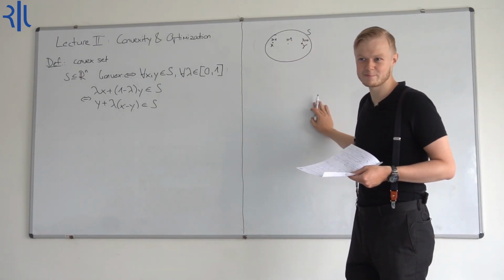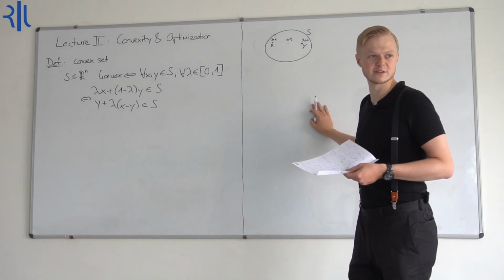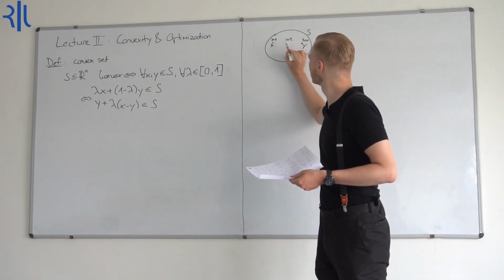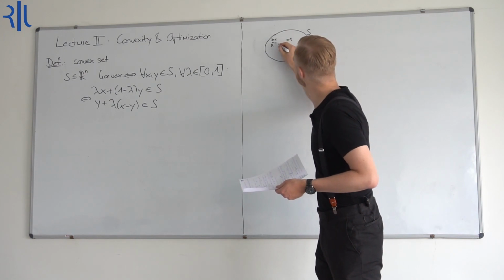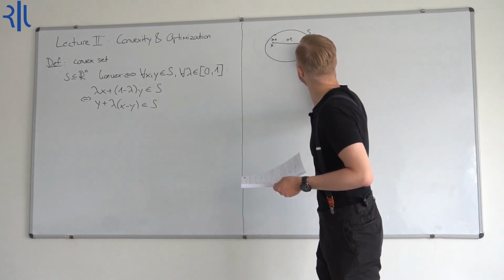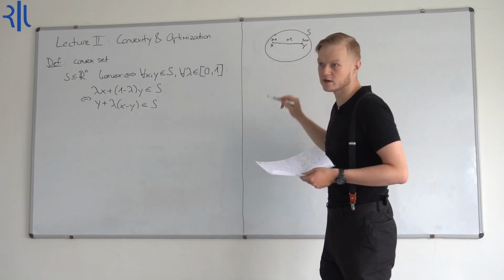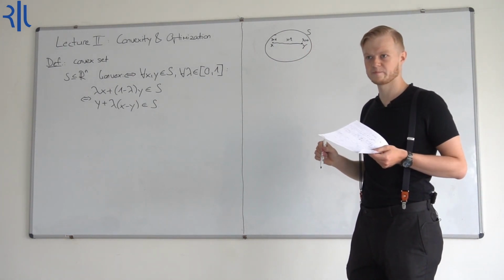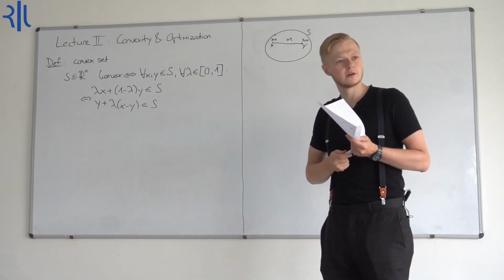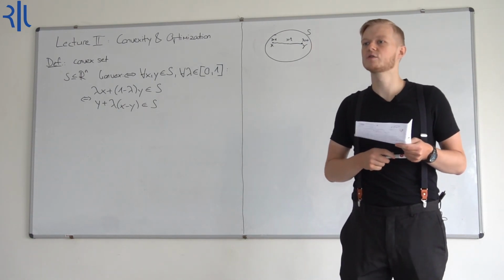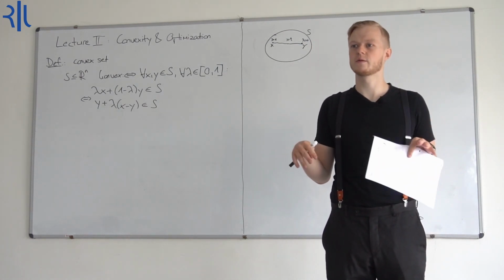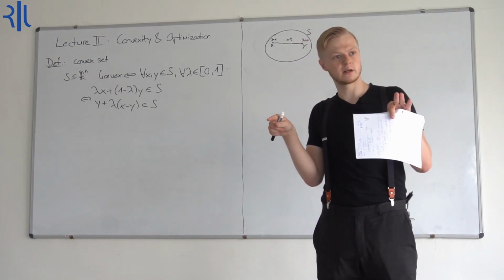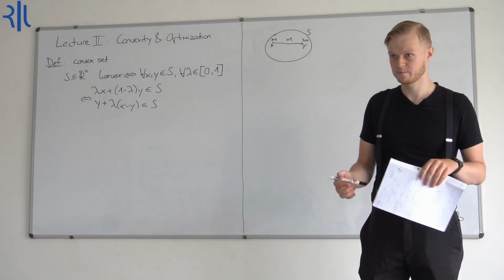What do you think might happen if we choose lambda equals 3/4? We will get something over here. So basically, if we plug in all the values of lambda, we get all those points lying in between the two. And so convexity of a set means you can pick 2 points arbitrarily from the set, and all the points on the interconnecting line have to be in the set as well.